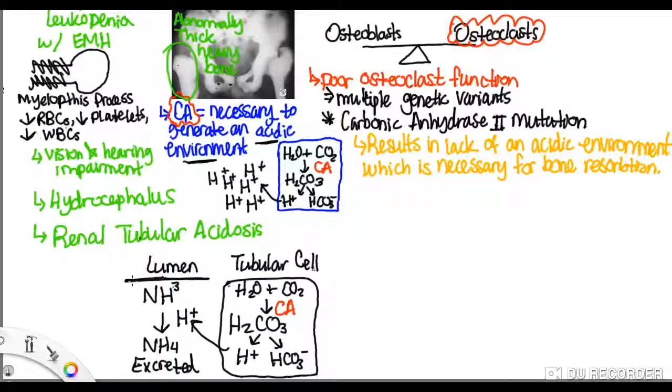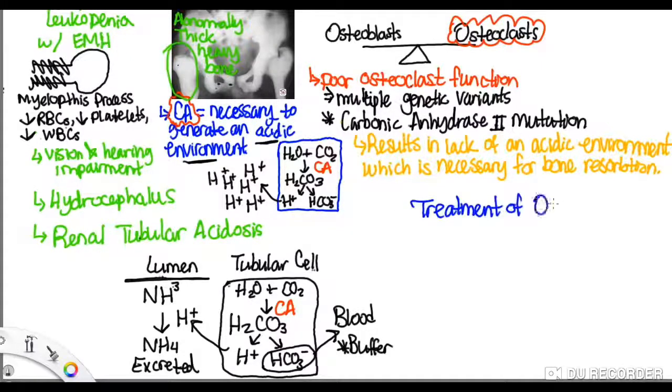When you get rid of acid, this results in a net gain of bicarbonate, which goes into the blood, maintaining the pH of the blood. So it acts like a buffer. Now, if you don't have carbonic anhydrase, you won't be able to generate this acid, and therefore you won't be able to excrete this acid, and you won't be able to get the net gain of bicarbonate. So these individuals become acidotic.